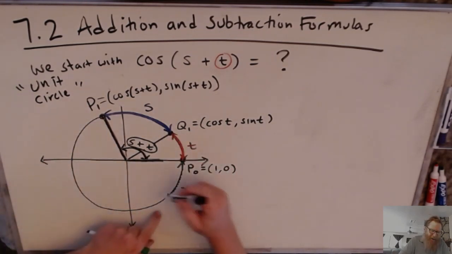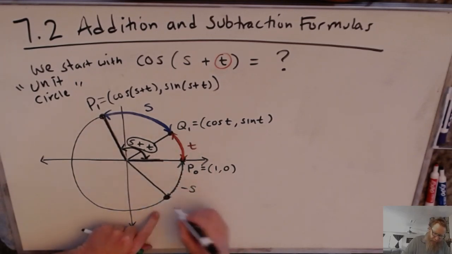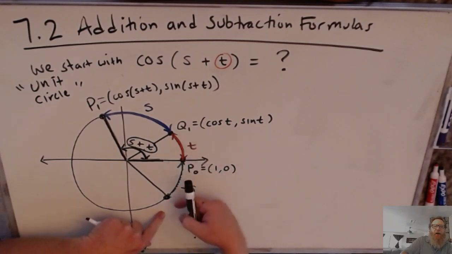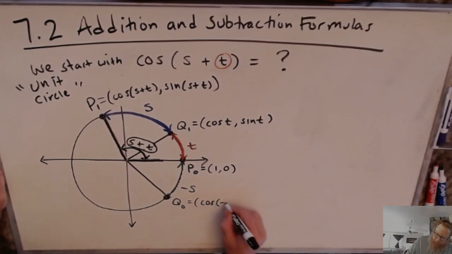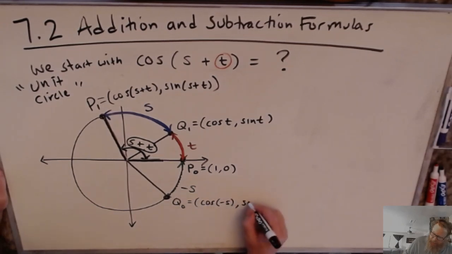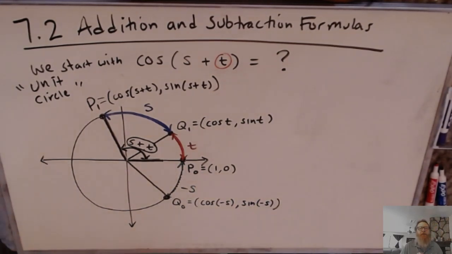So we're going to go negative S in the clockwise direction. That's going to be our Q0. So that'll be cosine of negative S and sine of negative S. That's our Q0.